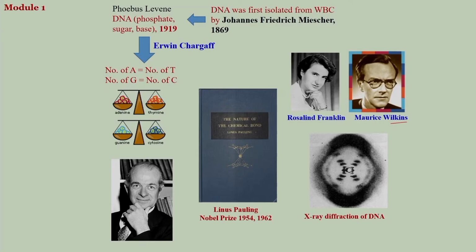In 1962, Watson and Crick along with Maurice Wilkins received the Nobel Prize in physiology and medicine. Rosalind Franklin was not included in the list because she died beforehand at a very young age. That's quite a sad story. But on a happy note, Linus Pauling did not return empty-handed either.